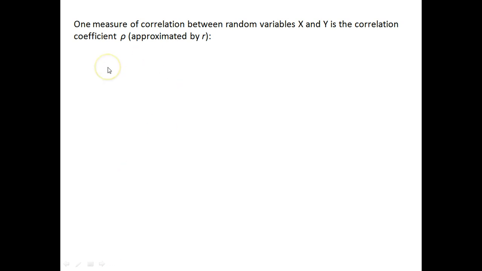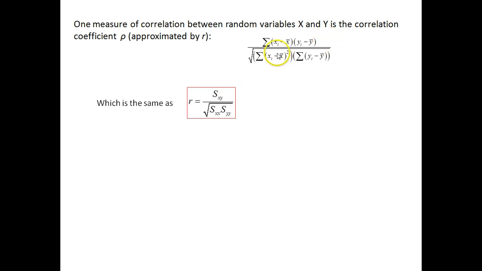Now, one measure of the correlation between random variables is the correlation coefficient rho, approximated by r. And this is given as Sxy on the top divided by the square root of Sxx times Syy.